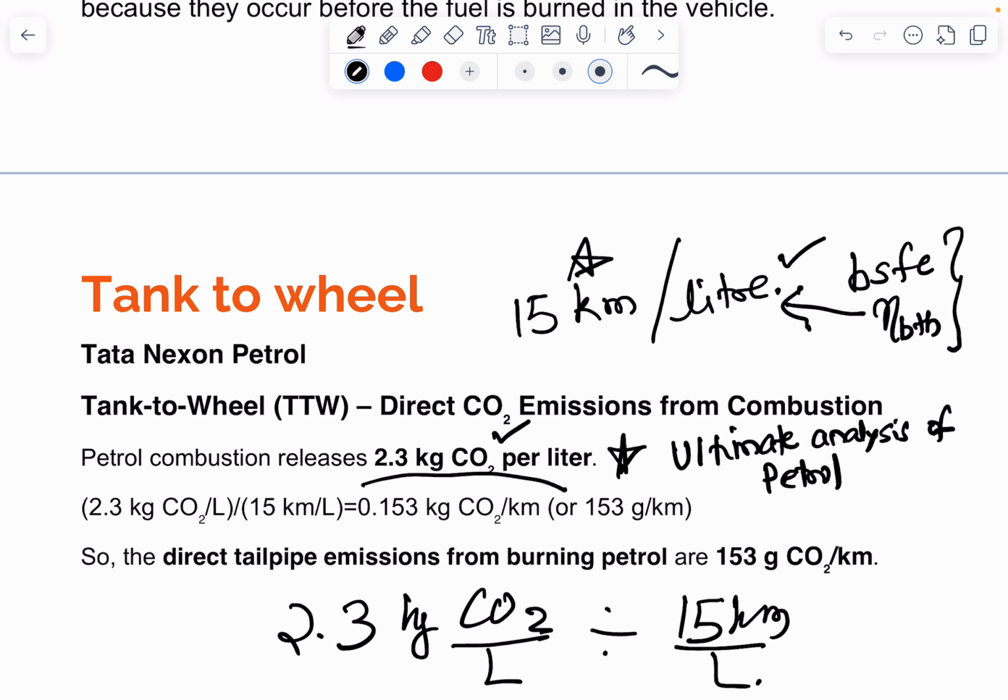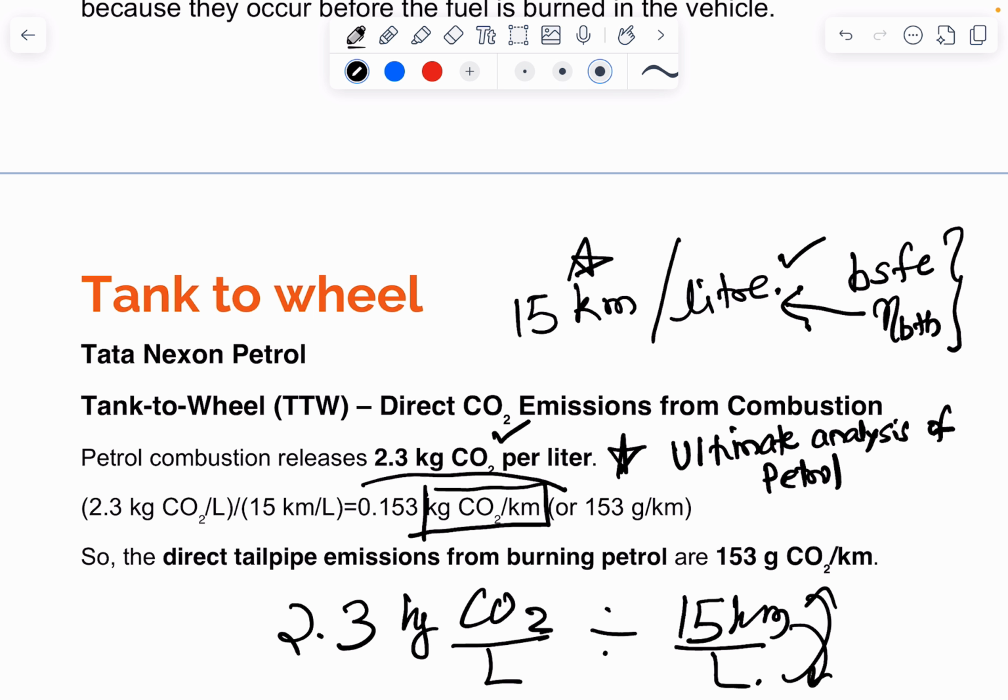So you'll get the kg of CO2 per kilometer. This is division, so this would be up, this would be down when you multiply. So you will have kgs of CO2 per kilometer as the unit.